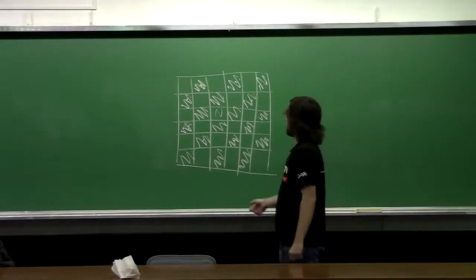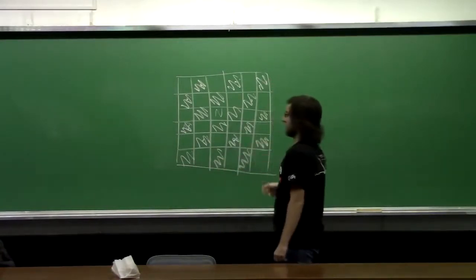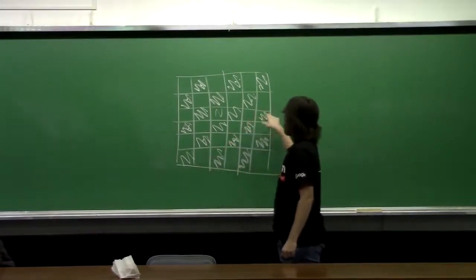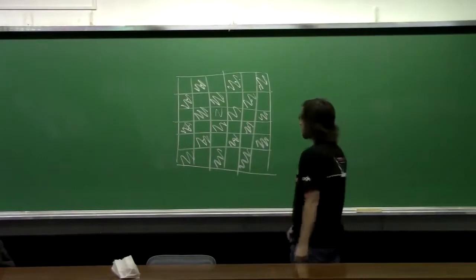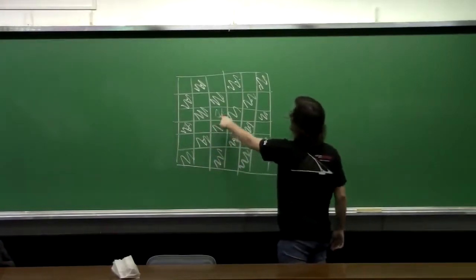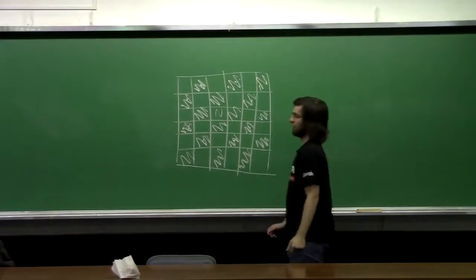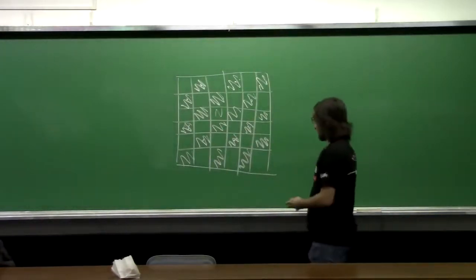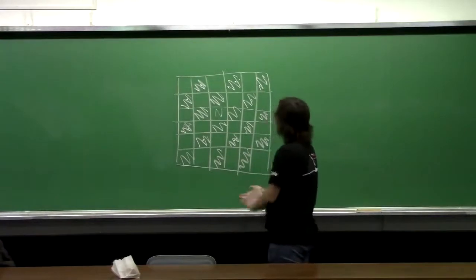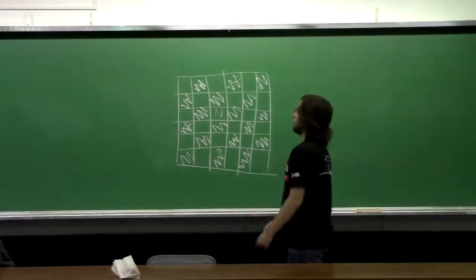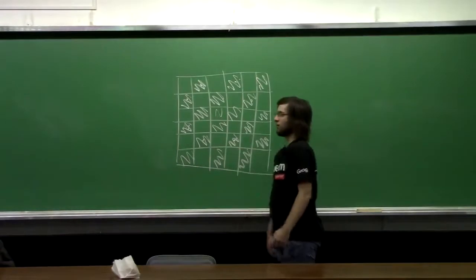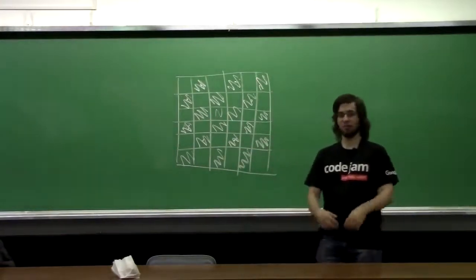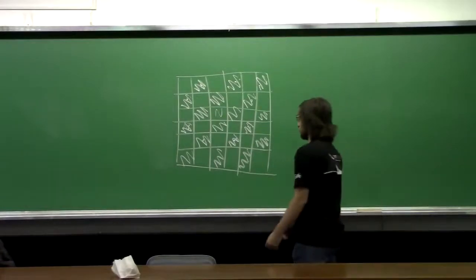And as you can see, when I colored each alternating diagonal black and left the diagonals between them white, then you can see that the knight from a white square will always attack black squares, and a knight from a black square will always attack just white squares. So it's enough to put all knights from black squares into the same team, and all knights from white squares into the other team. And we only need 2 teams.